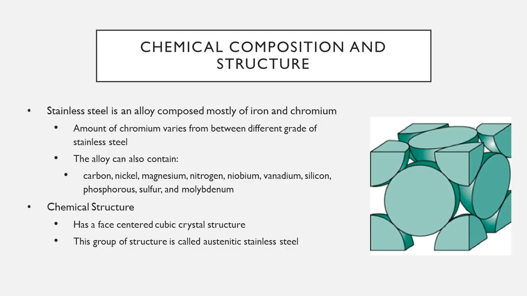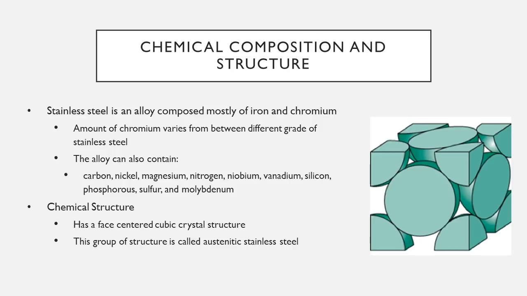Now, the lattice structure of the various stainless steel alloys can vary depending on what sort of trace elements are within the alloy, because they help stabilize and make other lattice structures more favorable than others. The ones that are most commonly used in biomaterials have what's called a face center cubic crystal structure.